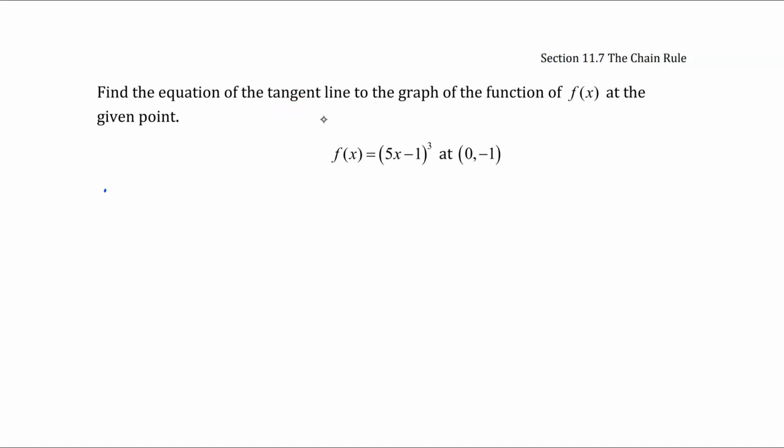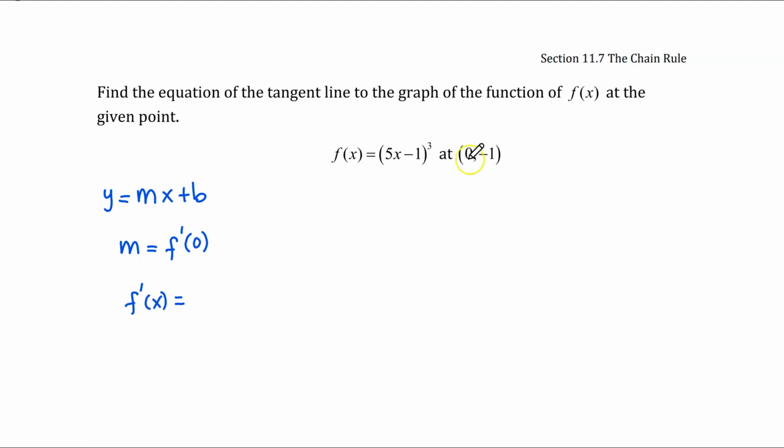Okay, so we are looking for the equation of a line of the form y equals mx plus b. Now let's compute m first. m is the derivative of the function evaluated at x equals 0. So let's compute first f prime of x.